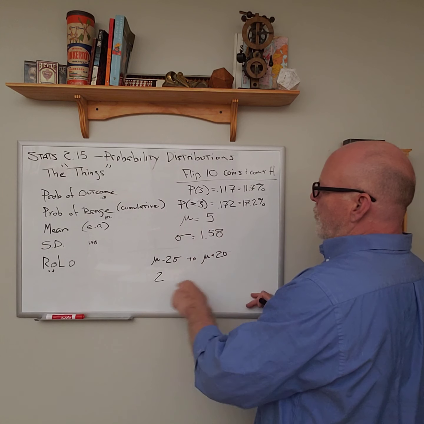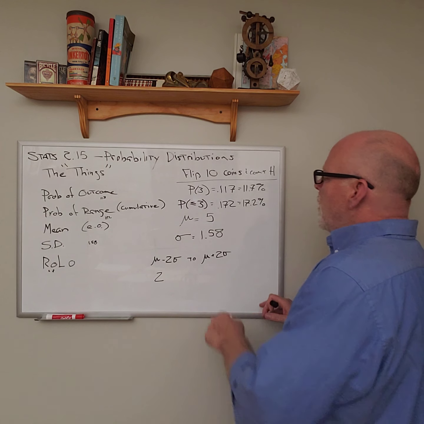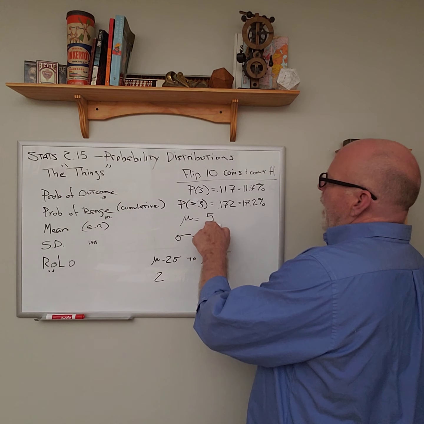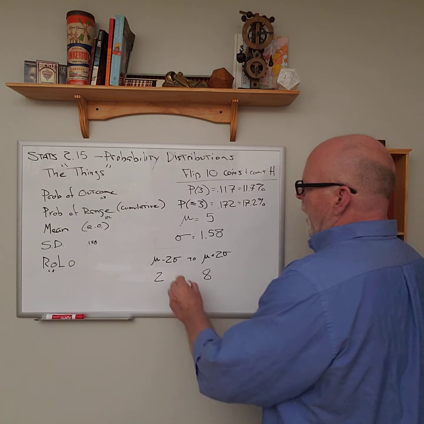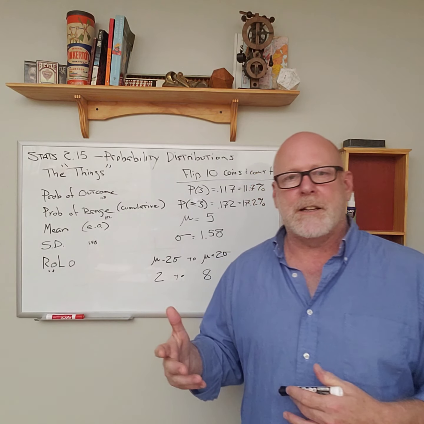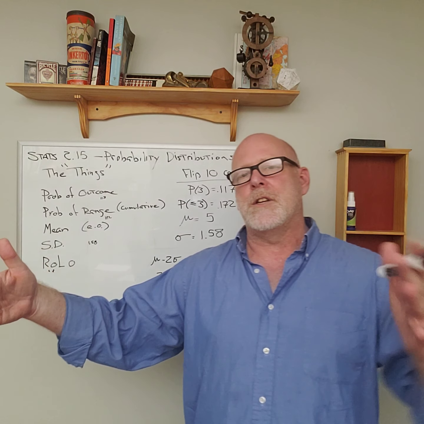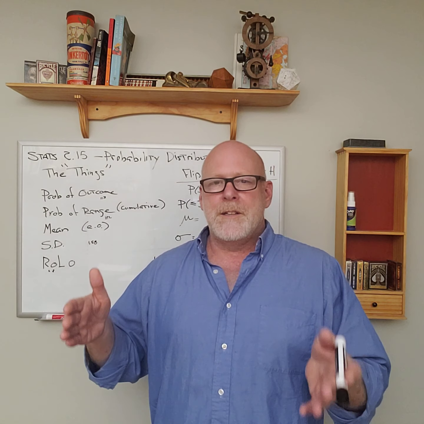Double that, subtract it from 5, you'll get 1 point something, round that up to 2, and then double that, add it to 5, and you get 8 point something, round that down to 8. You always want to round inward when you're talking about the range of likely outcomes. So we get 1 point something to 8 point something, round that in to 2 to 8.